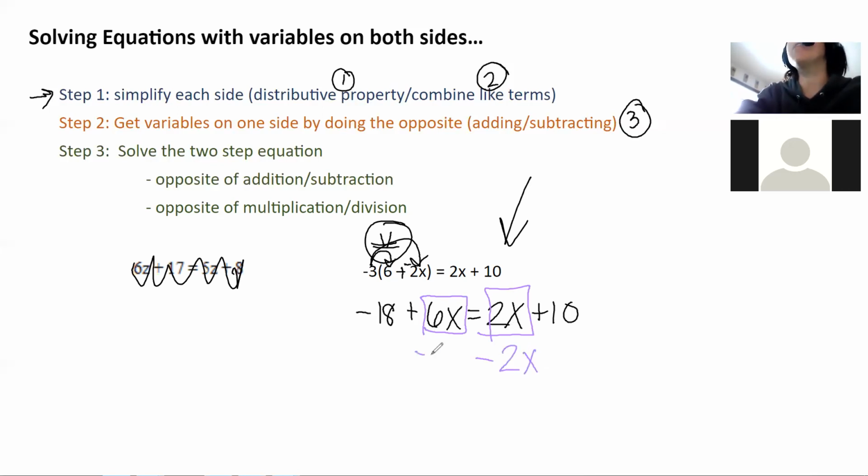And do you guys see how I'm doing the whole term? The whole thing is moving over. So 6x minus 2x is going to give me 4x. And that one canceled. I forgot to draw in my wall there. And then I'm going to bring down the other values.